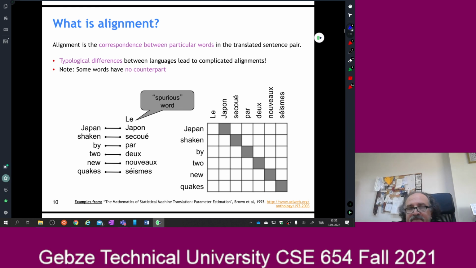Sometimes, for a single Turkish word, you have to say many English words. For example, kitapları. When you say kitapları, the English would be their books, right?